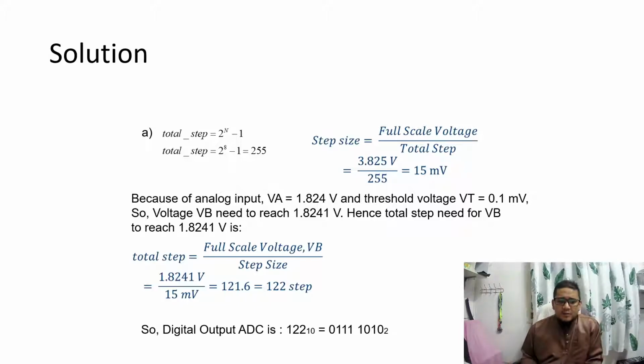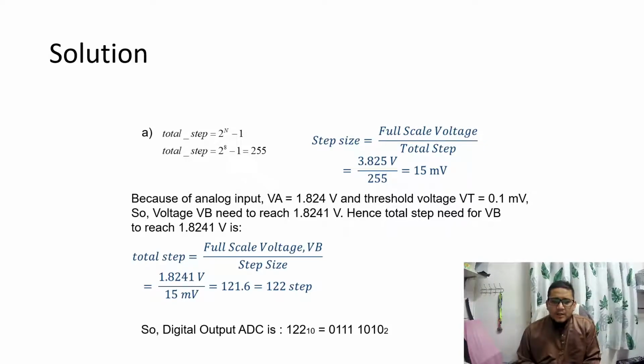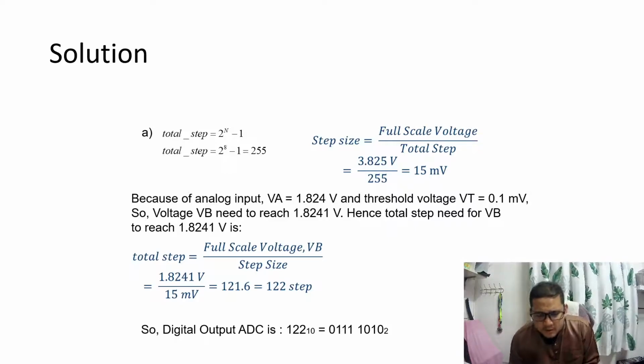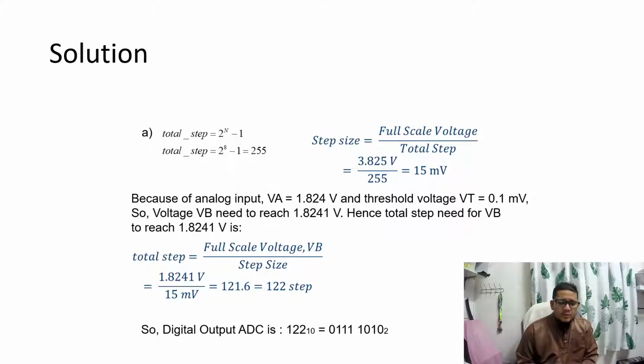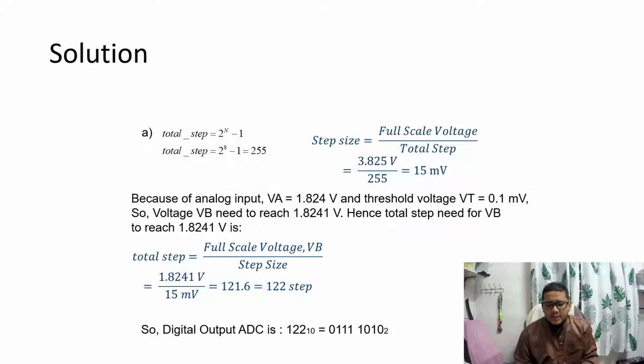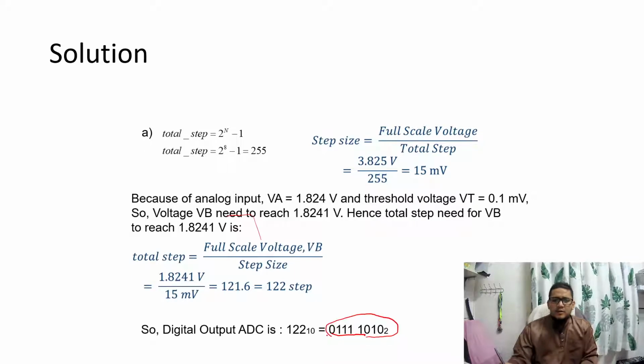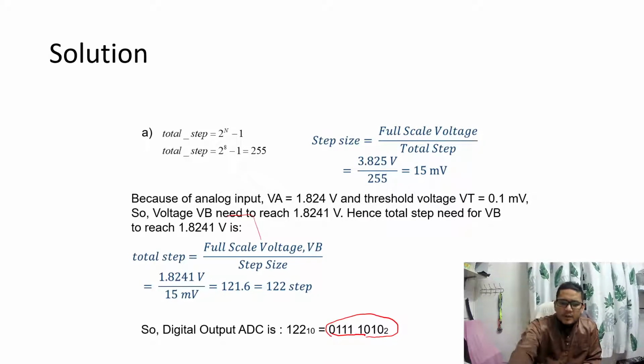So we can calculate the total steps that we need to reach: VB yang kita plus dengan VT, divide by the step size yang kita dah kira sebelum ni. So kita calculate, kita akan dapat 121.6, which is equivalent to 122 steps. So the digital output of the ADC is equal to 122, kita convert kepada binary, so kita akan dapat 01111010 in digital. Okay, so this is the digital output of the ADC.